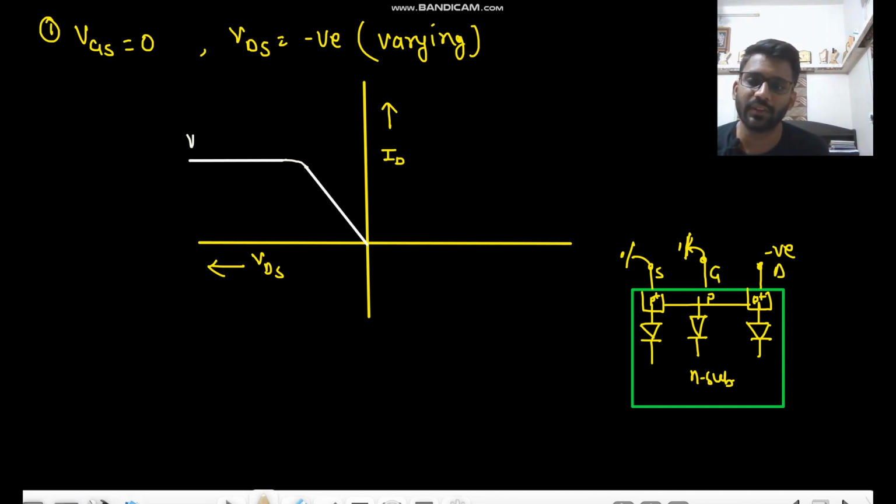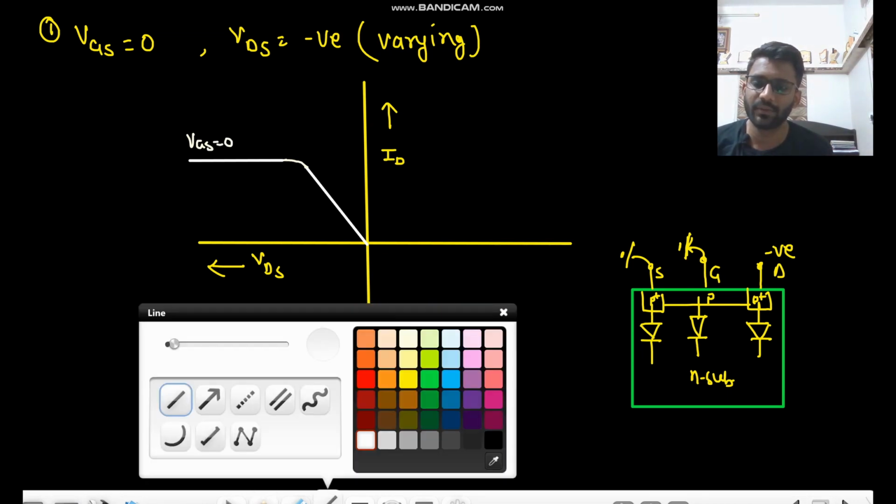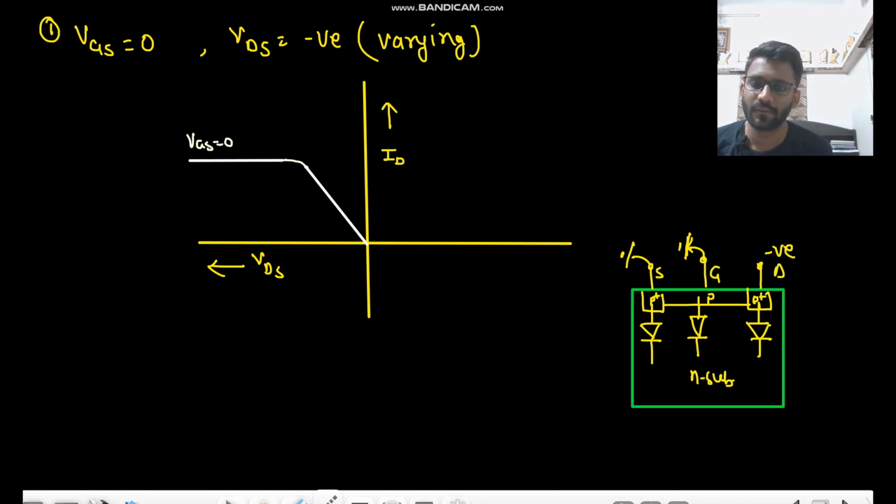This was for VGS equals 0. This is the saturation point, this is VDS saturation. Okay, so that's the analysis.